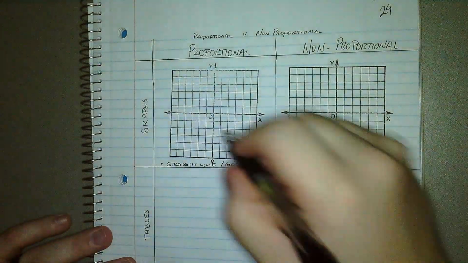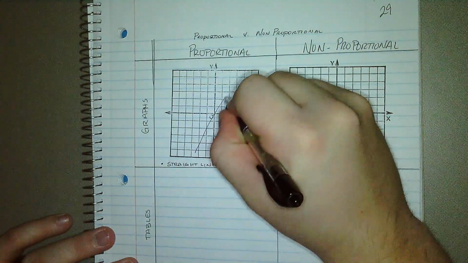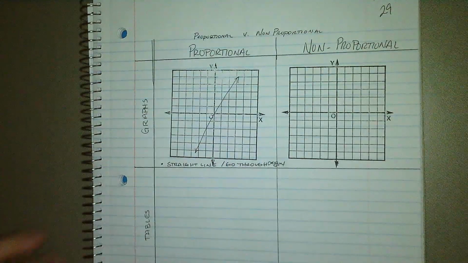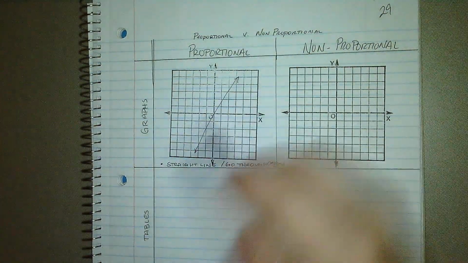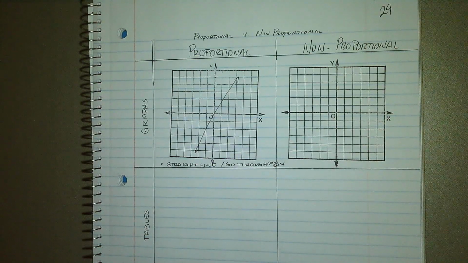Okay, so as long as it looks something like this, then we have our proportional relationship. It's got to be that straight line and go through the origin, which we know of as (0, 0). All right, that's a proportional relationship.